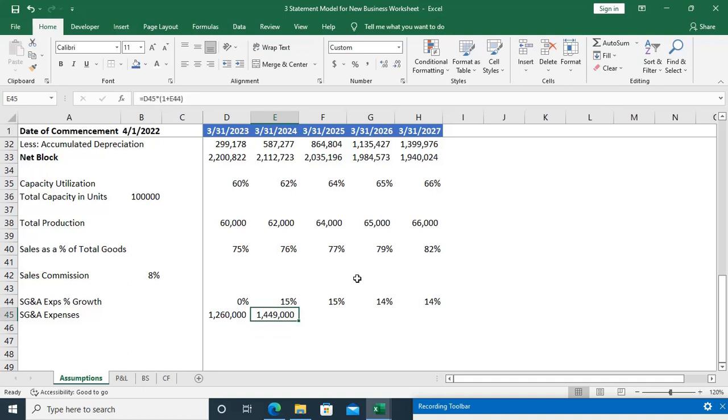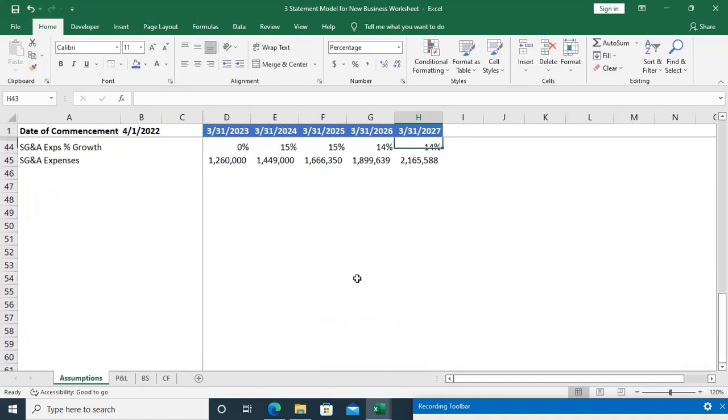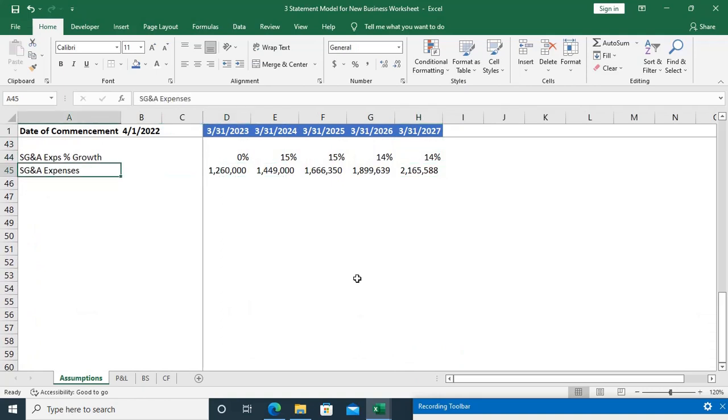Okay, if you have not understood, I'm just doing it once again. I have actually shown this formula earlier to all of you. So equal to SG&A expense, that is last year's expenses, multiplied by first bracket 1 plus, why plus? Because it is growing, right? Press enter, you got the result. If you just drag this formula, it will go all the way and give you the right result. SG&A expenses.